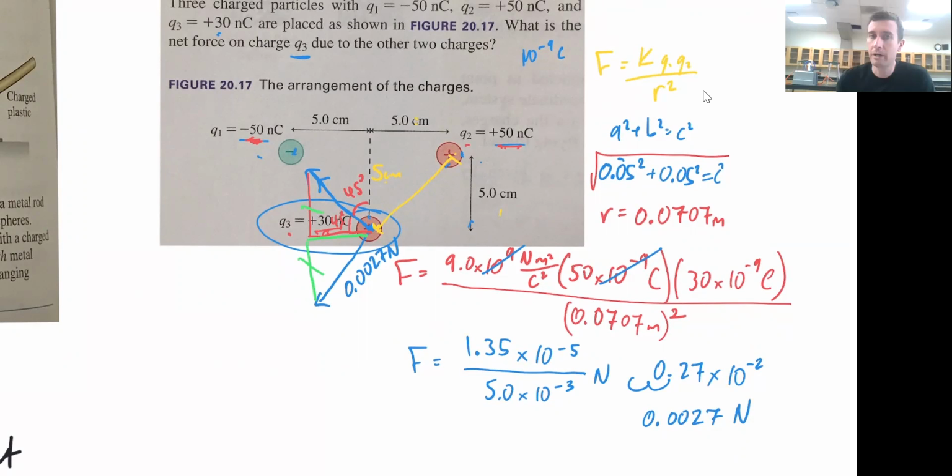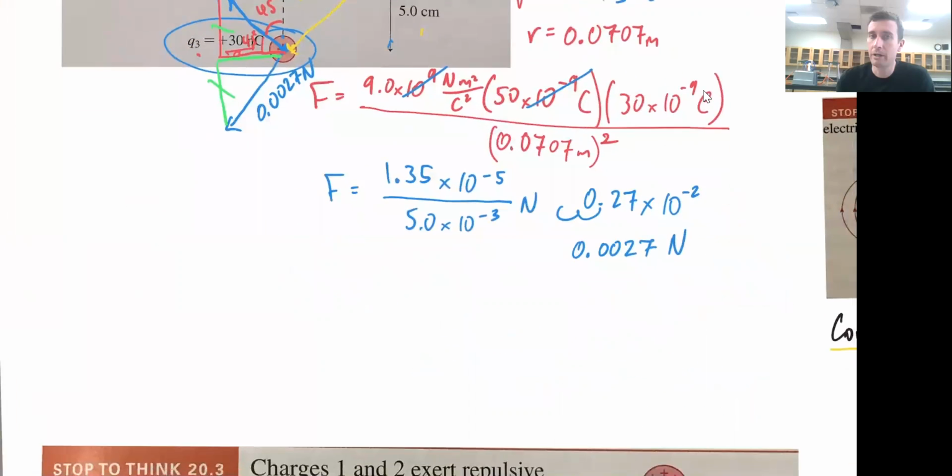So because I have those two horizontal components going to the left, I just need to find what that value is. So to find the horizontal component, I know that my overall total is 0.0027. So I'm going to do 0.0027 newtons times cosine of 45.